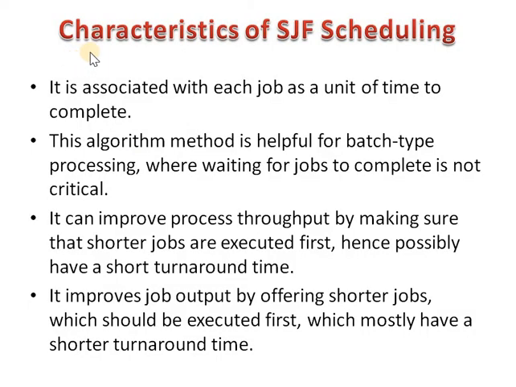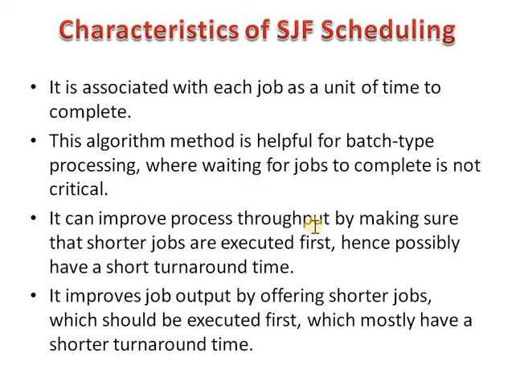Then let's see some characteristics of the shortest job scheduling algorithm. It associates each job with a unit of time to complete. This method is helpful for batch type processing where waiting for jobs to complete is not critical, and it is mainly used in batch processing systems.